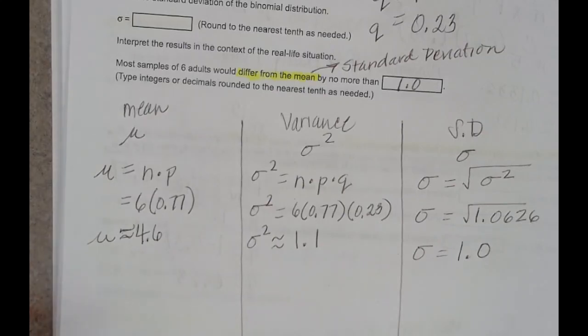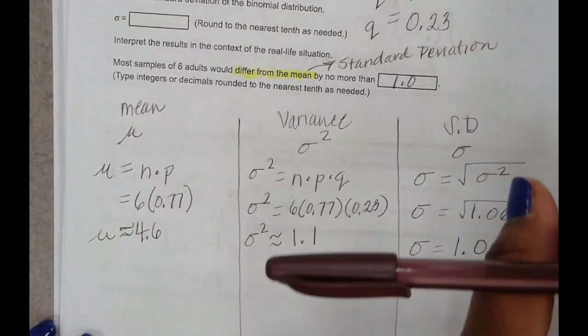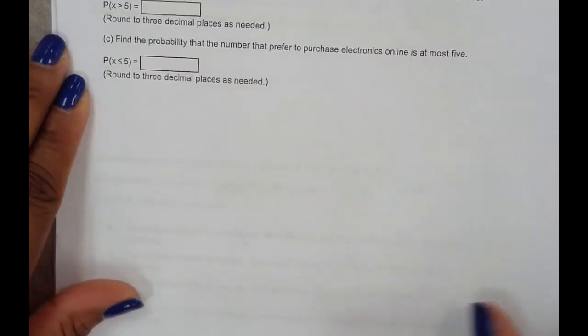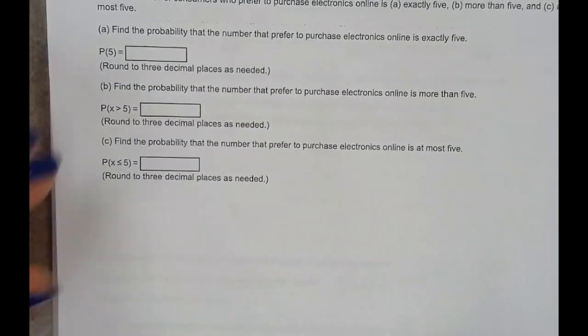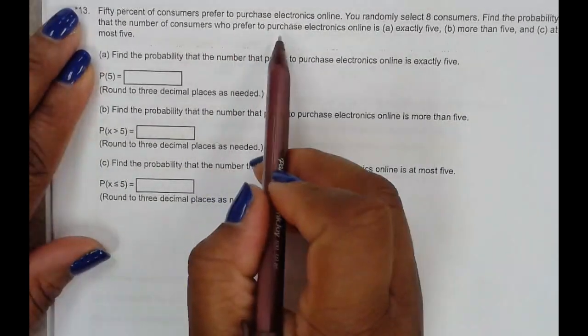All right. Last one, and it is similar to our problem with our binomial distribution using our PDF or our CDF functions. Okay. So let's look at number 13. Percent of consumers prefer to purchase electronics online.